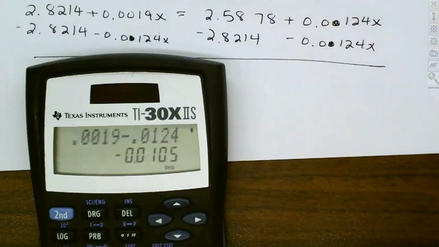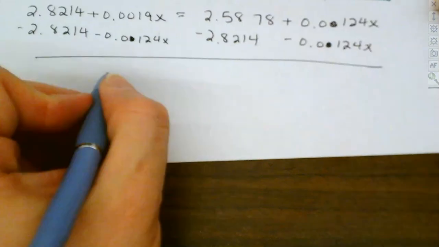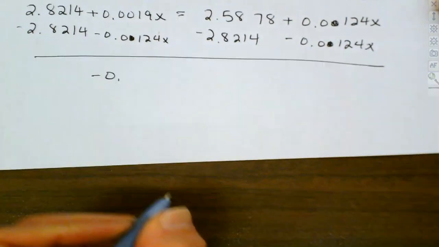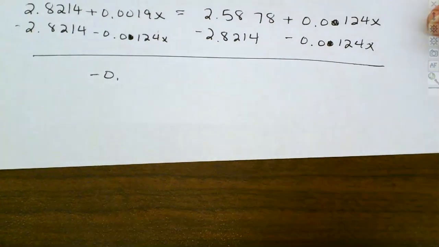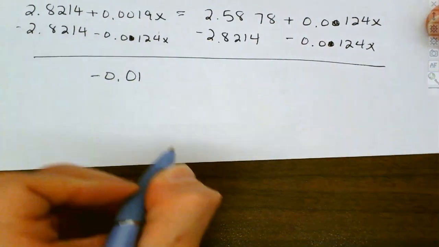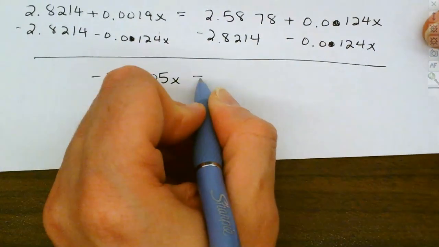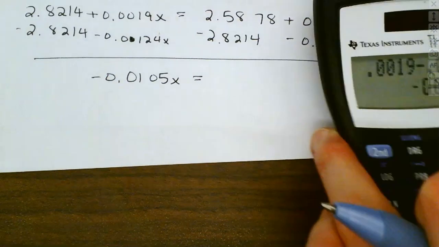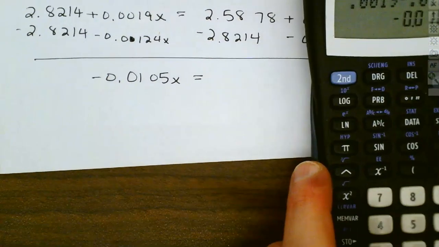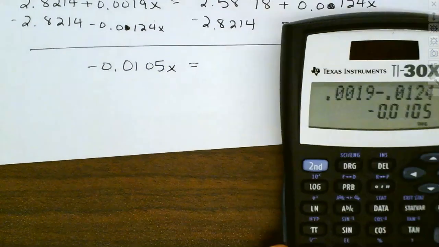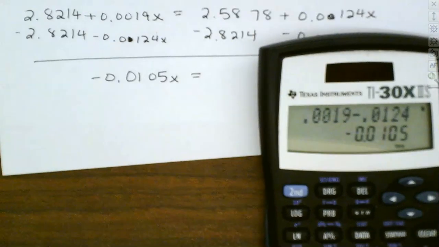So that gives me then a minus 0.00105x on this side, and the other side is the numbers. So let's be careful with those decimals here. It's so easy to make a mistake with these decimals.